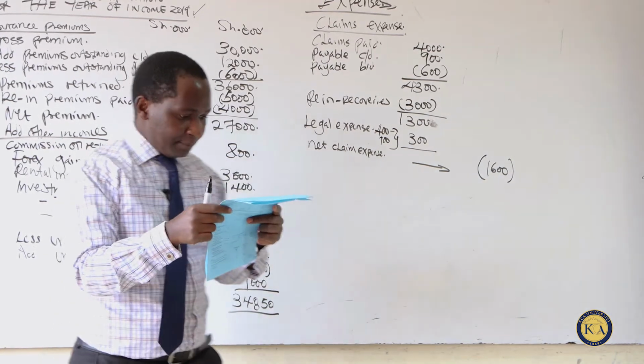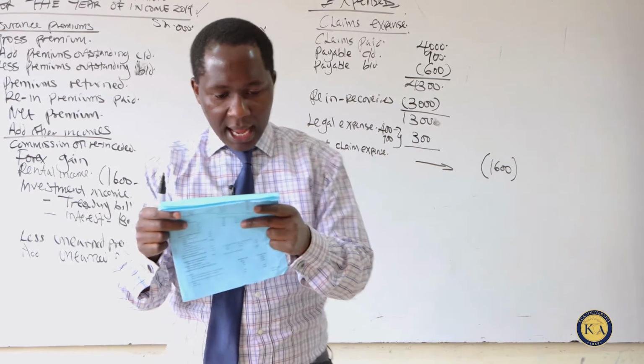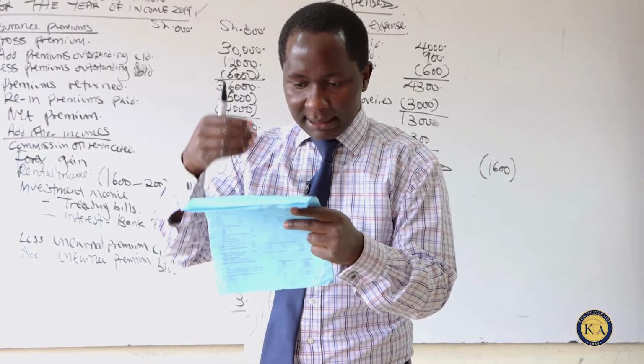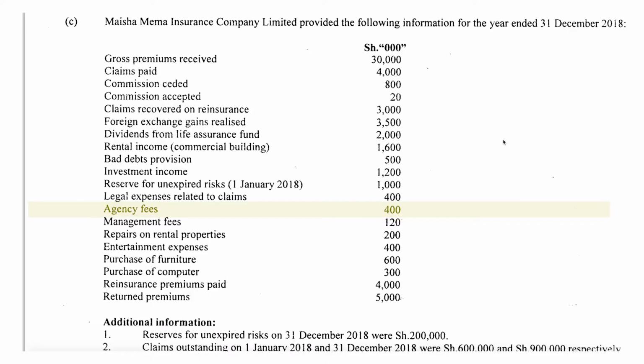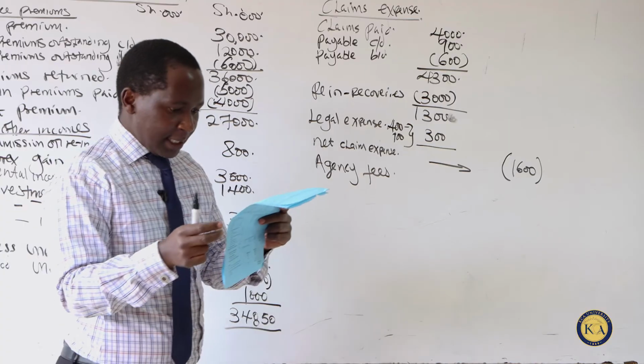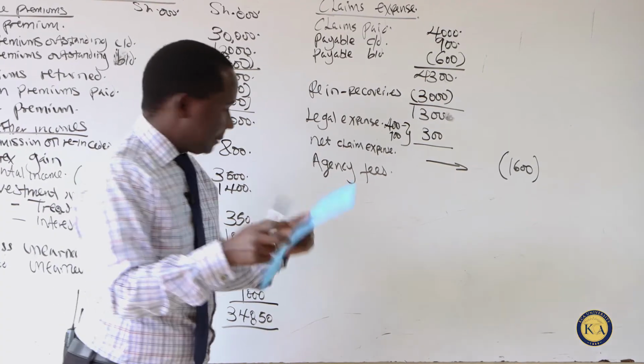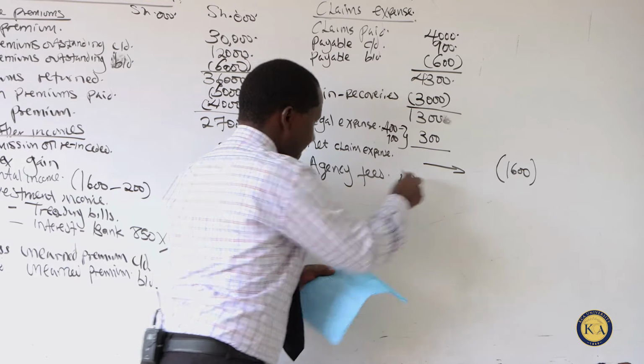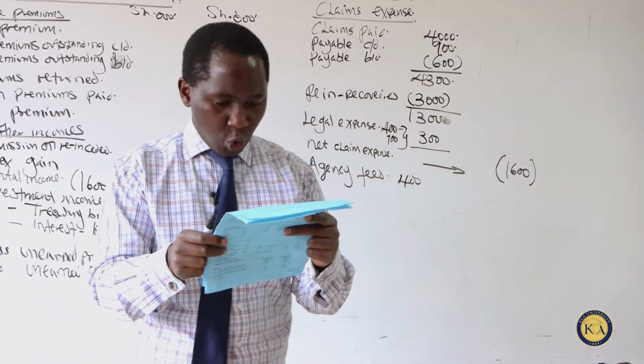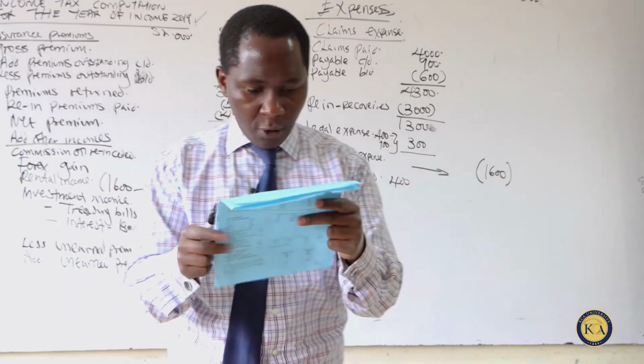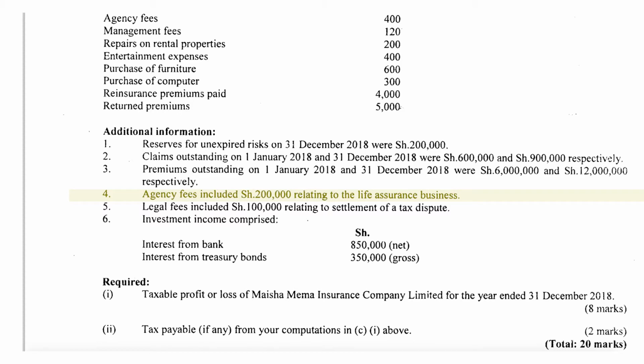Then the next items that we consider are those expenses relating to insurance, agency fees. Agency fees is given as 400, all right? But I also draw your attention to note number 4, which talks about the agency expense of 200 that relates to another class of business.